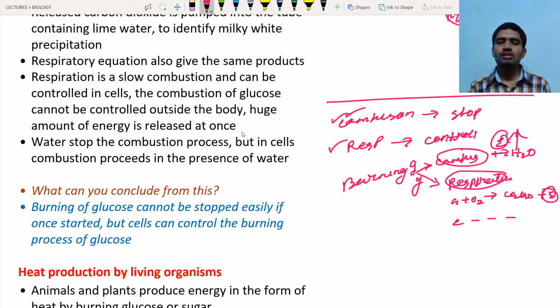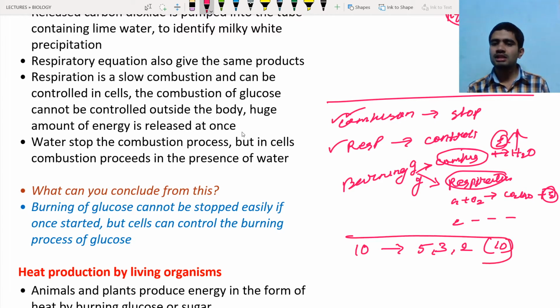For example, if I want to give 10 rupees, how do I give? In case of respiration, 10 rupees will be given as 5 rupees, 3 rupees, 2 rupees, and so on. So in total it will be 10 rupees. This is known as respiration. And in case of combustion, the whole 10 rupees is given at once, so at a time a huge amount of energy is given.